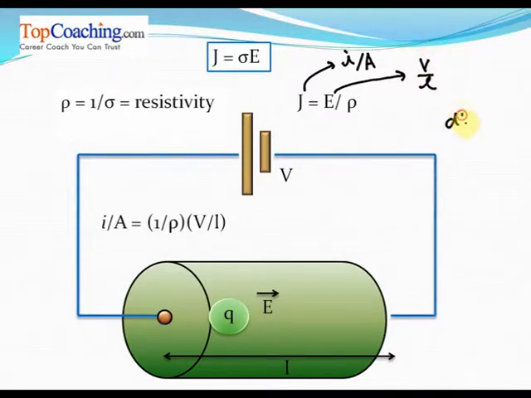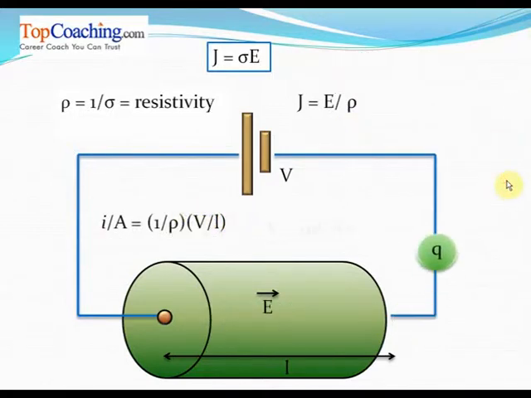Because E is dV by dr. This is equal to delta V by delta R if the potential difference across the conductor is constant. So when we make these replacements, and when we replace sigma, the conductivity, with 1 by rho, the resistivity, we get this expression. I by A is 1 by rho into V by L.